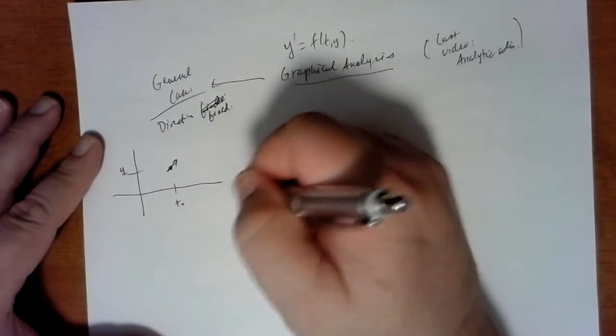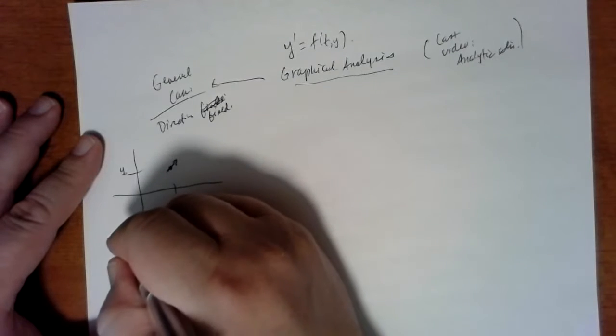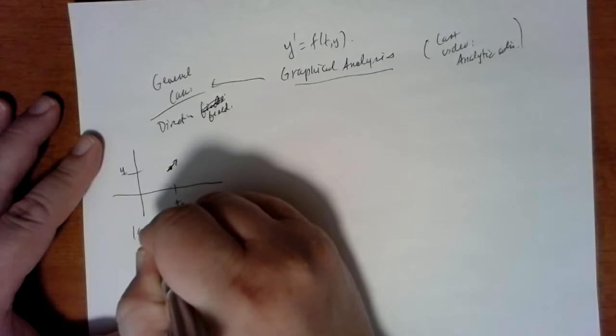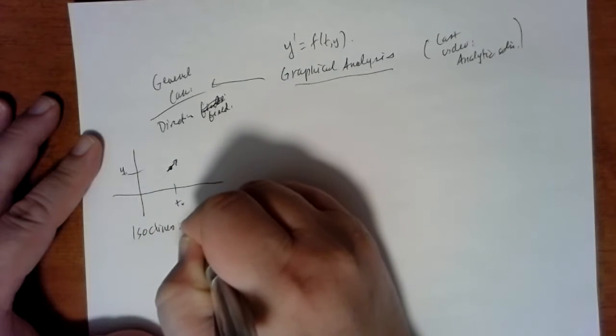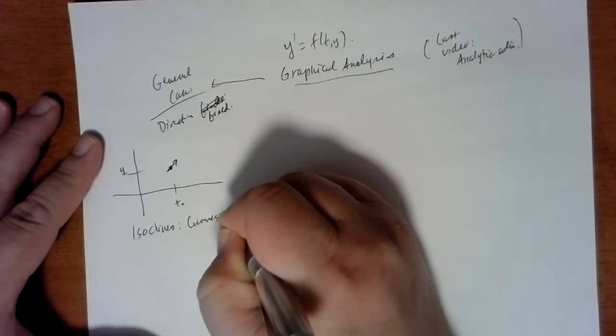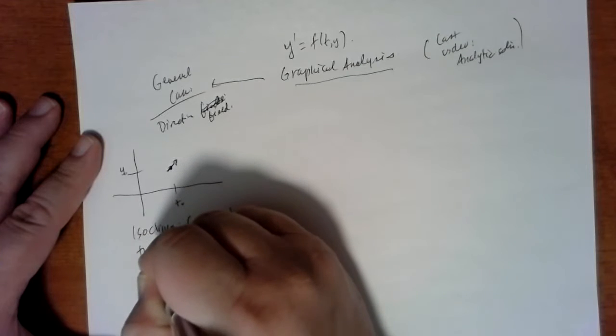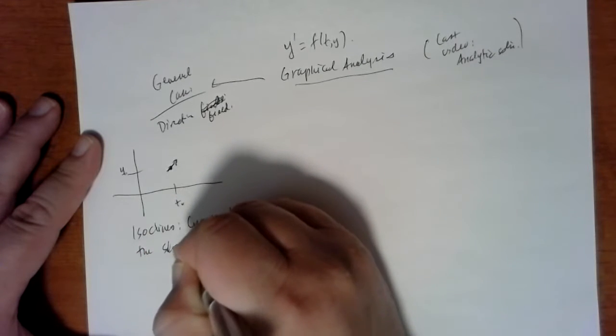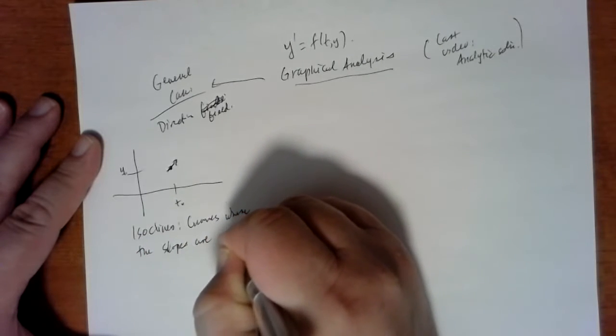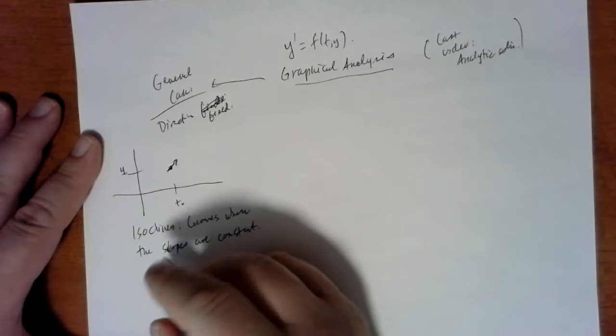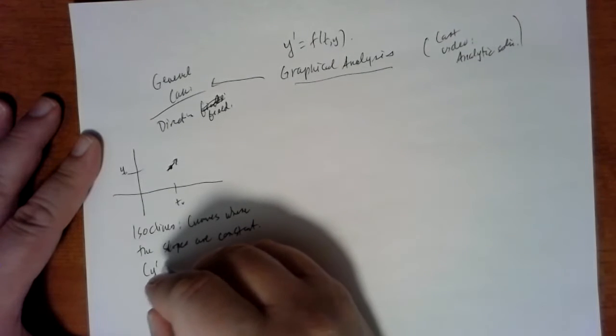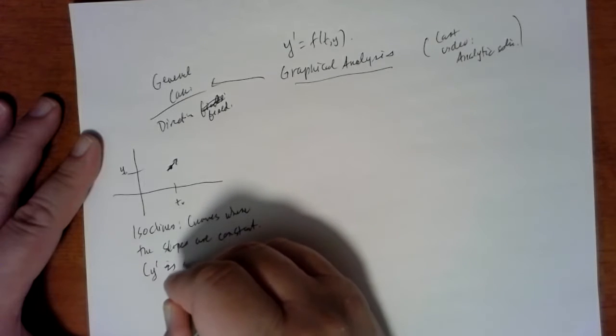So the trick on these is to be able to draw isoclines, and isoclines are curves where the slopes are constant, right? So y prime is set constant.